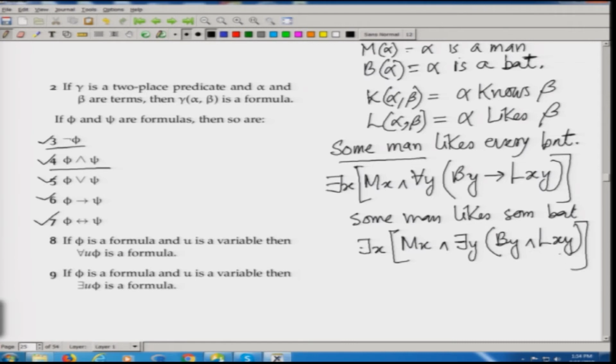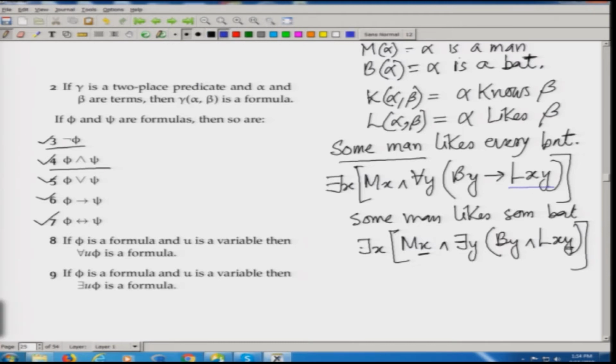Notice I am not saying y x, because the point is this x which is a man likes y which is a bat, right. So this is how we translate things, and also we can look at the constructions of our symbolic sentences. We can check whether these are formed properly. Now, it is very easy to check. For example, we start here.